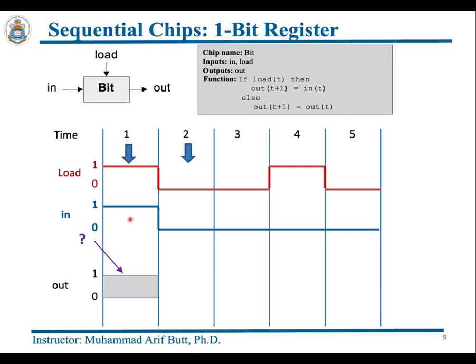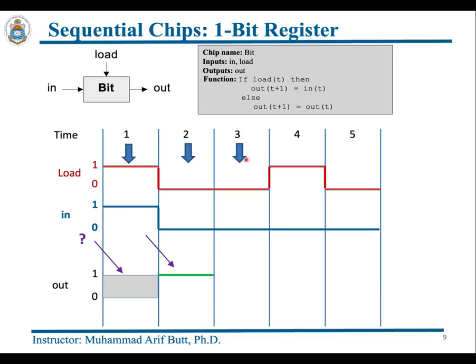At time 2, the out will be the previously stored state, and since the load input is low over here, the state of the bit register will not change. So the out will be whatever is there in the bit in the previous time unit, and this makes sense.